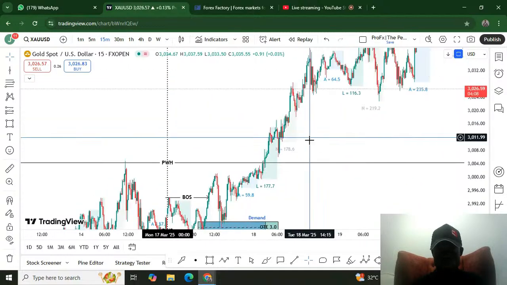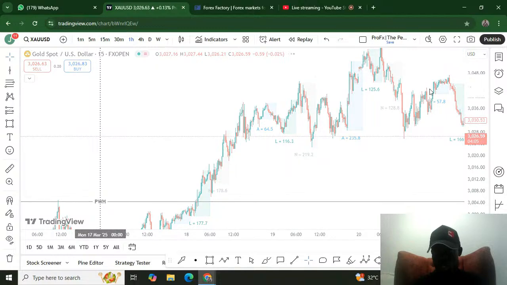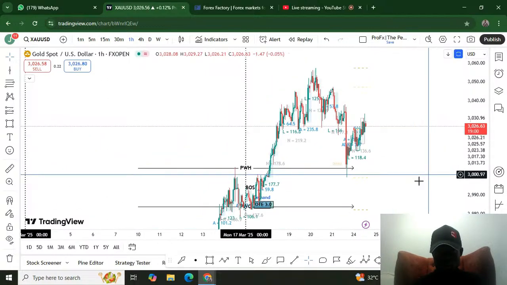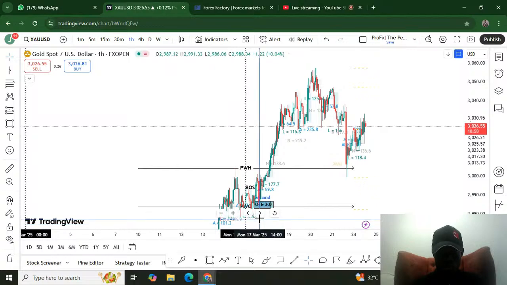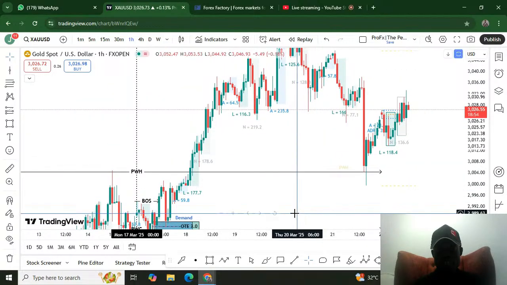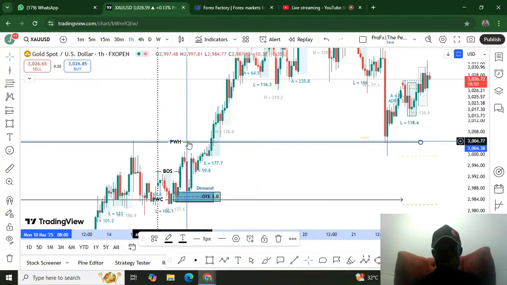So Monday happened, Tuesday happened. So let me go back to the 1 hour chart. Once you have marked your weekly high and low for the start of the week, you can now start going to previous day high and close and continue marking the charts.